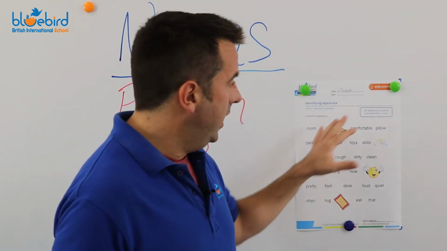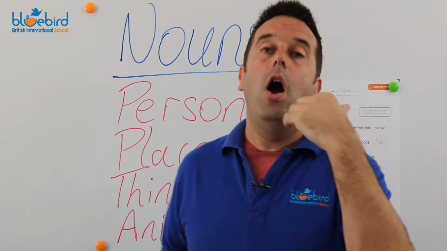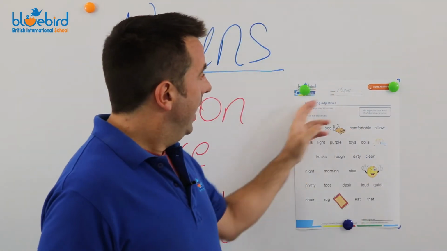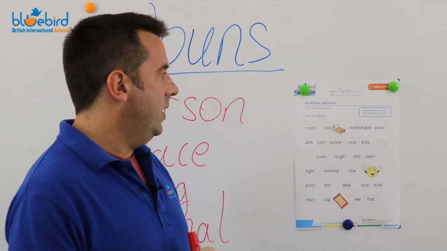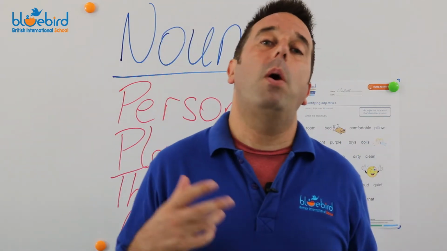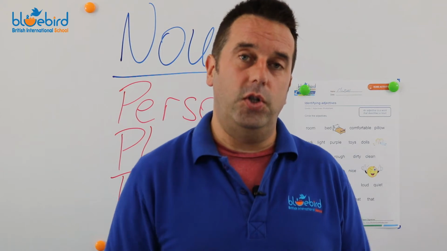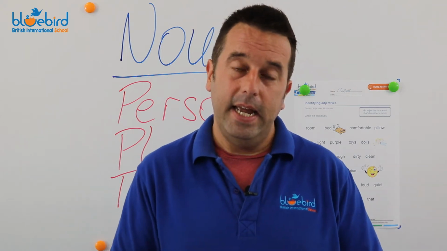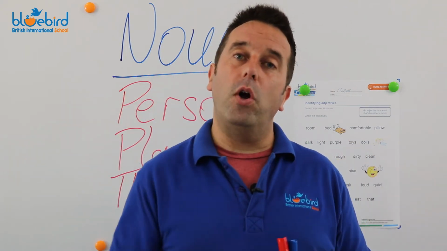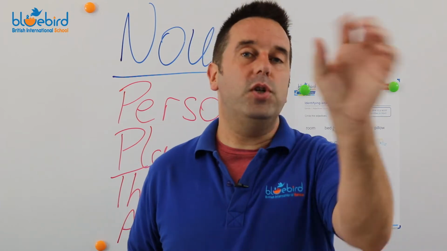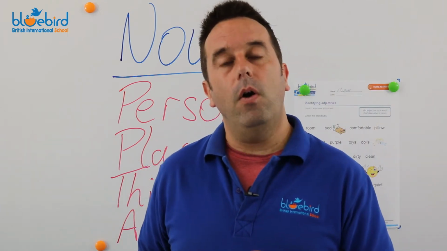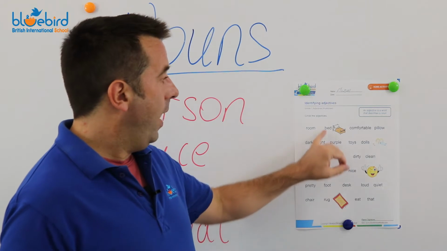So we have a sheet here. The first one on Monday is identifying the adjectives. But what I want you to do, and what we were doing, is identify the nouns first, and then see the other words and see if you can join them together. Like we have here, a bed.